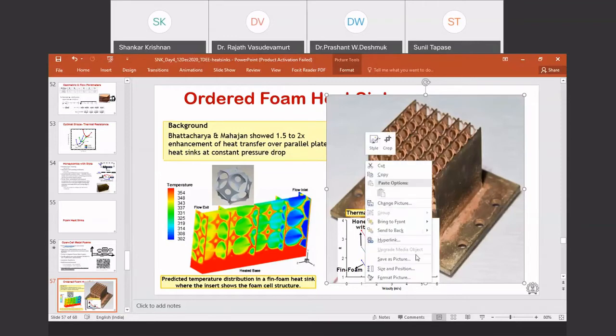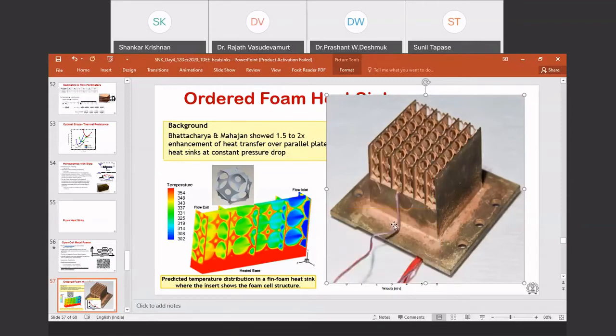Yeah, I'm able to see it, but how many unit cells are there? What is the size of one unit cell? This is about 4.5 mm. The height is 13 millimeters, the length is 32 millimeters, and the width is 32, so 32 by 32 by 13 millimeters.